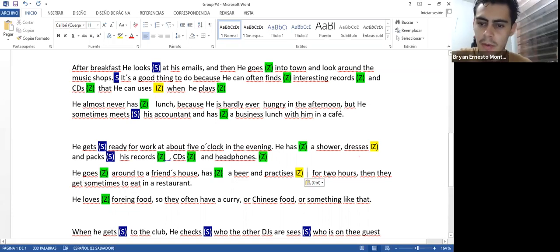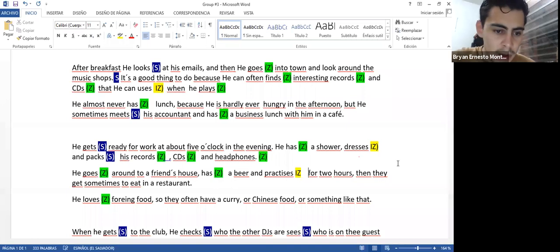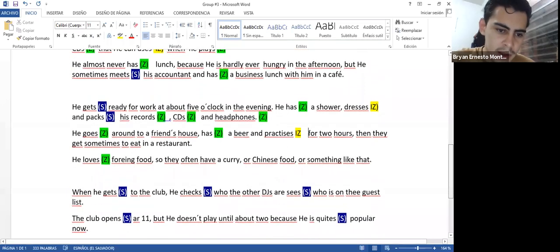Practices continue for 2 hours. Then they get sometimes to eat in a restaurant.